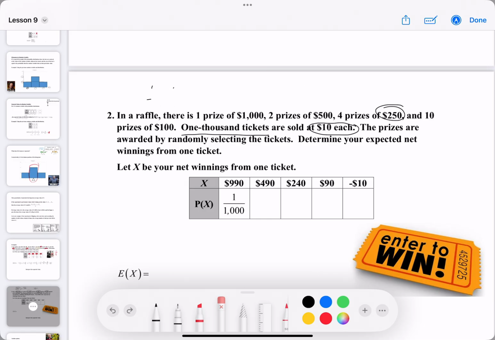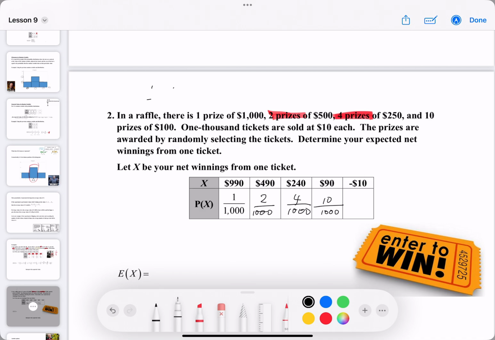I have two prizes that can win $500. That is 2 out of 1,000 tickets. And then 4 prizes, so 4 out of 1,000. And for the $100 prize, we have 10 tickets, 10 out of 1,000.